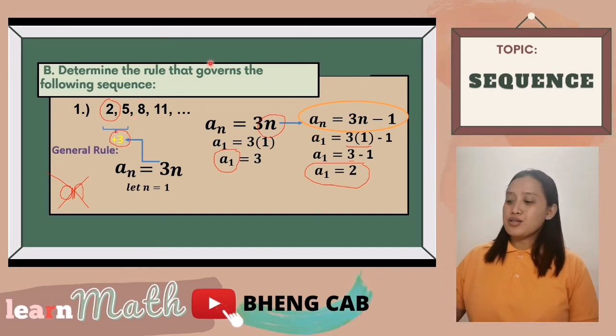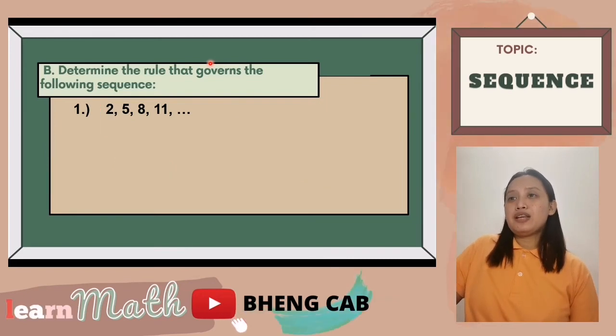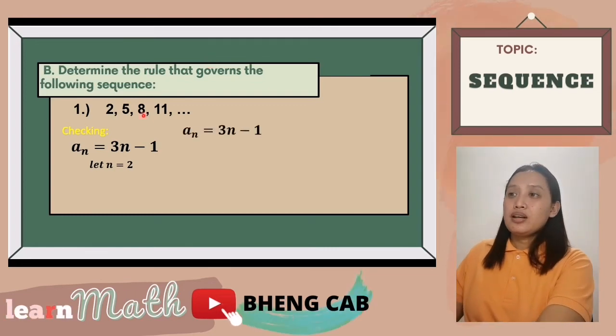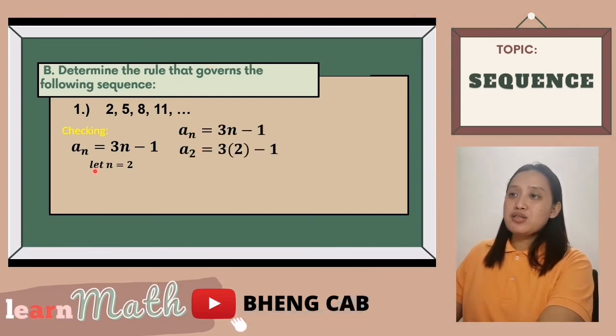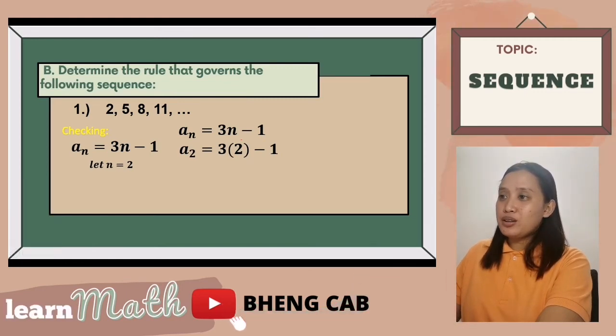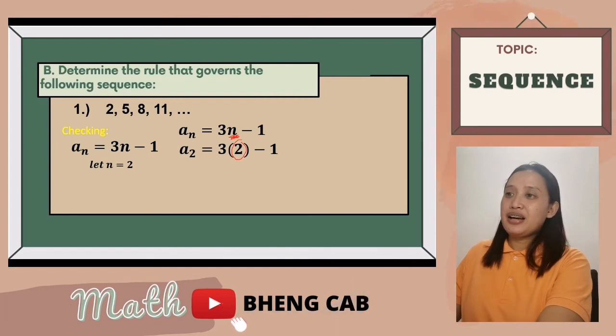So on and so forth. So meron tayo ditong let n equals to 2. If we make n equals to 2, we can have a sub 2 equals to 3 times 2. Saan ulit nanggaling yung 2? Yung 2 na to ay dahil dito sa n. Okay? Yung n daw natin ay equals to 2. So, papalitan lang natin to 2.